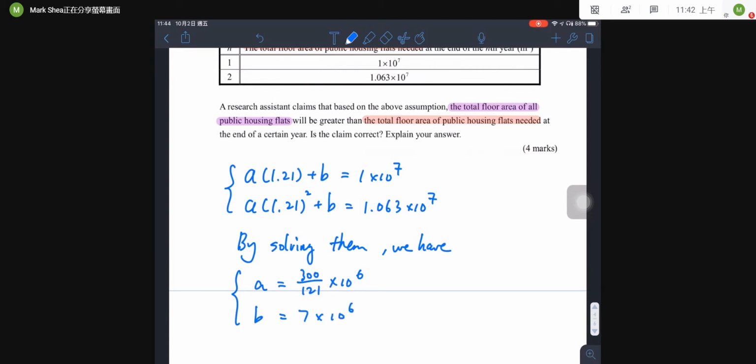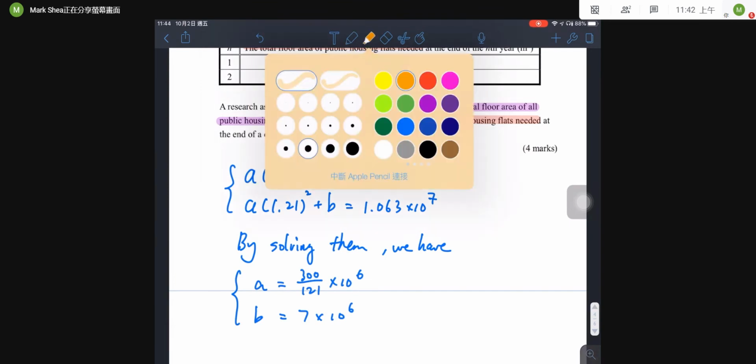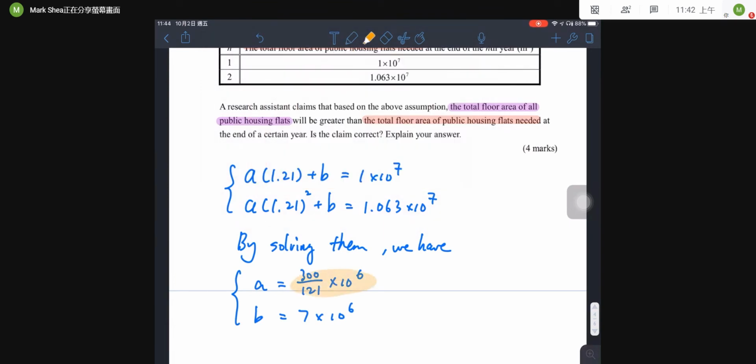Now let me explain a little bit about how we get the value of A. If you use a calculator, you will get a number around 2 something, and to convert it into a fraction, you can see that in part B, it is 7 times 10 to the power 6.